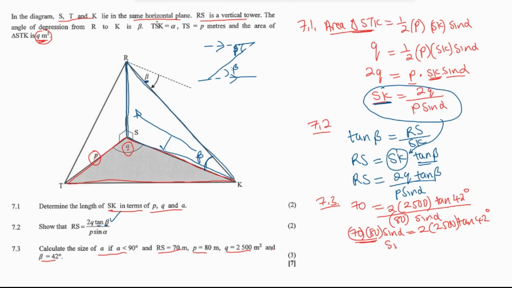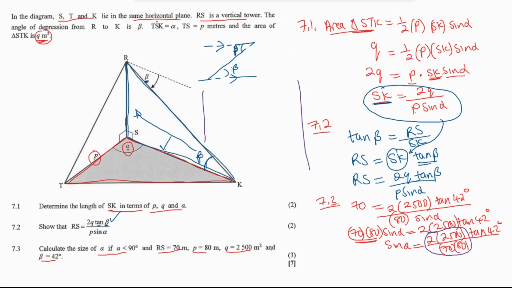So sine alpha is equal to 2 times 2,500 tan 42 degrees divided by 70 times 80. Let's simplify this part. 2 times 2,500, which is 5,000, divided by 70 times 80, you'll get what?